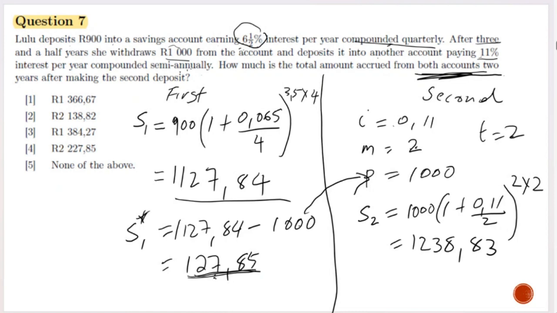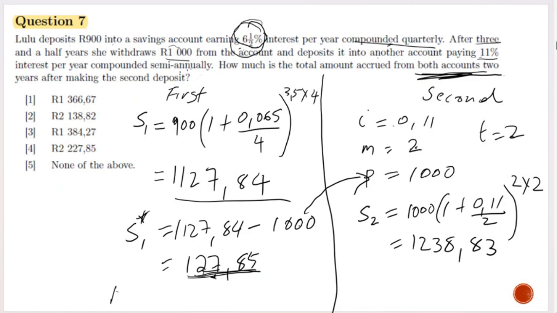That means this money still needs to continue being invested in this first account under the same conditions, but the amount has been reduced. So now you need to calculate the amount at the end of the 2 years.